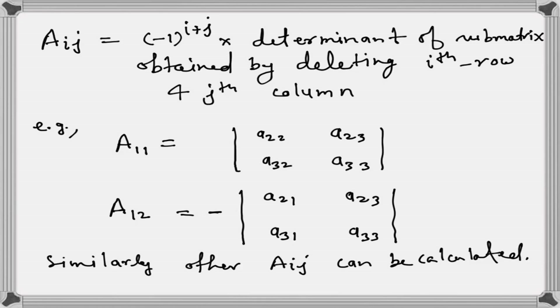Okay. So now we know how to calculate the inverse of a matrix. There are two properties related with the inverse. First one is the determinant of A inverse is equal to 1 upon determinant of A. So how do we get it?